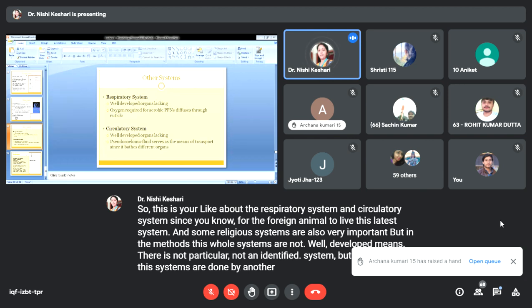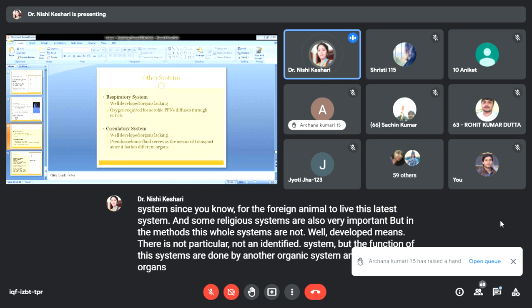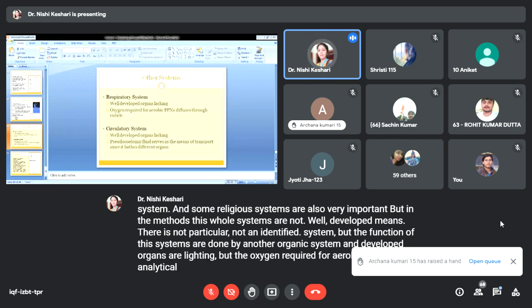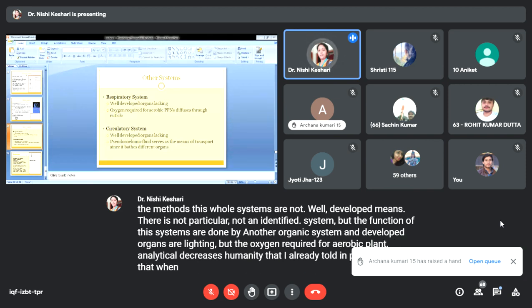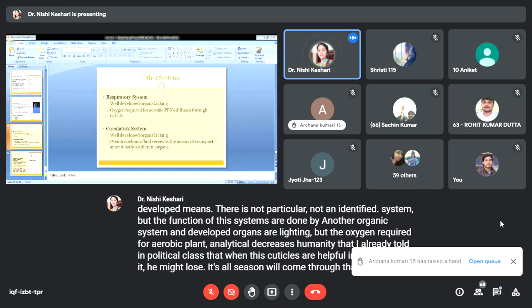Like in the respiratory system, well developed organs are lacking, but the oxygen required for aerobic plant parasitic nematodes diffuses through the cuticle. Like I already told in the cuticle class, when the cuticle is needed in respiration of the nematodes, oxygen will come through the pores of the cuticle.